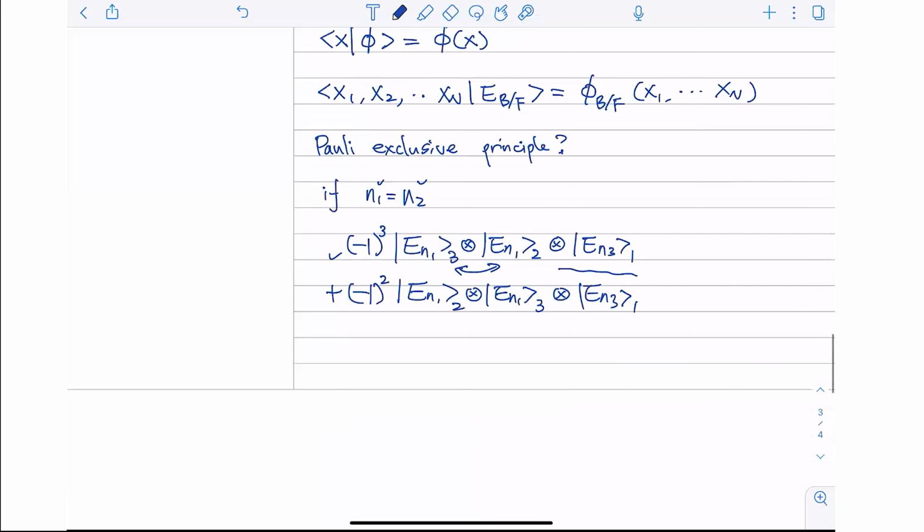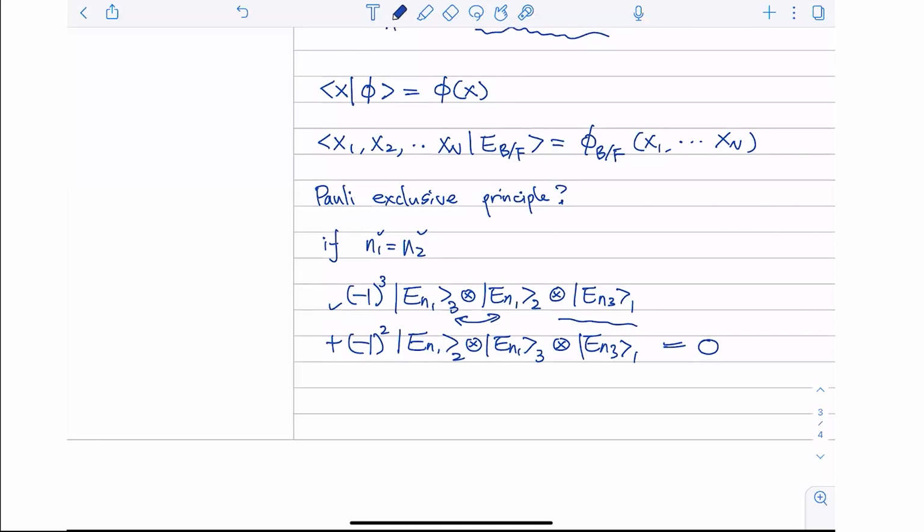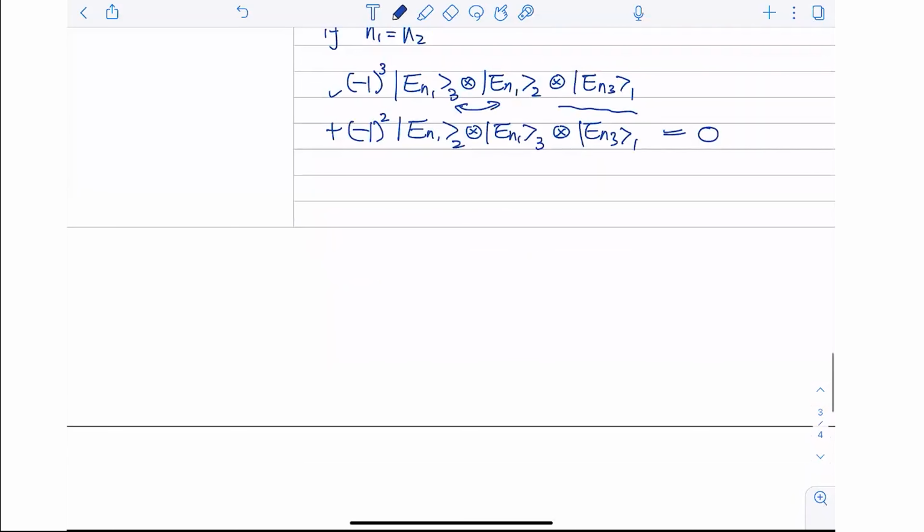Okay, so you can see that these two terms will basically cancel each other. A similar mechanism applies to all the permutation group elements, and you'll see them kill each other one by one. So eventually you get the conclusion that for fermions, you cannot have two particles occupying the same state. And that is the Pauli exclusion principle.